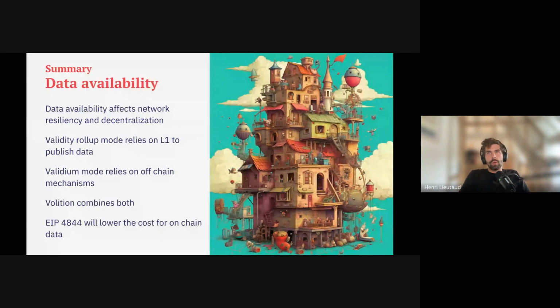Archival nodes are nodes that for each block will store a copy of the state. Meaning instead of taking the state at block 100 and applying stuff on top of it, and then having state at block 101, they will make a copy of the state at each step. This is very heavy on the memory of your machine. That's why archival nodes are very expensive to run and hard to run.